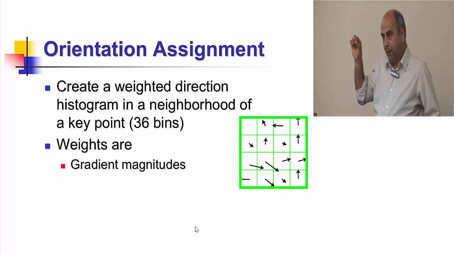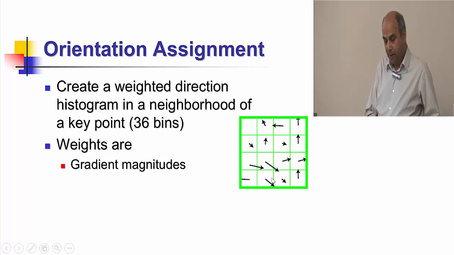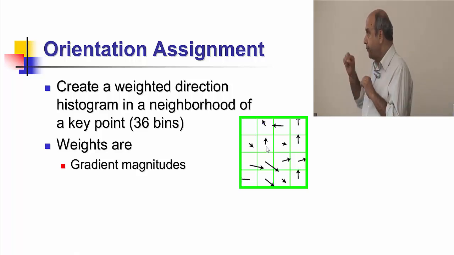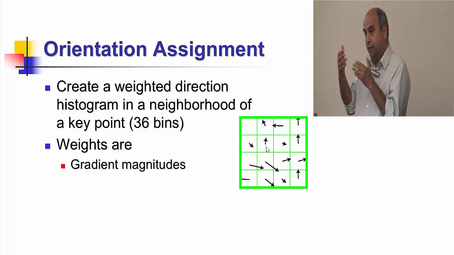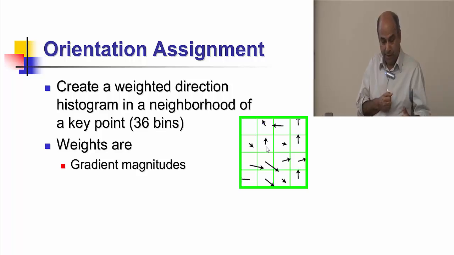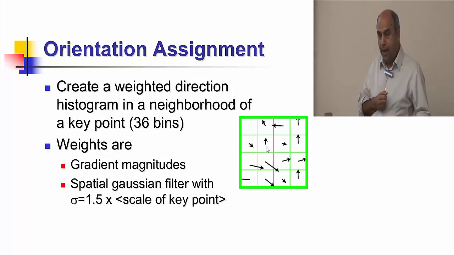If the particular direction magnitude is high, so here is showing direction, and the length of this vector is actually the magnitude. So this is much more important than this one, which has a small magnitude. So you can apply to each one a weight which is proportional to the length of this vector, which is the magnitude. So that's what's called gradient magnitude weights.